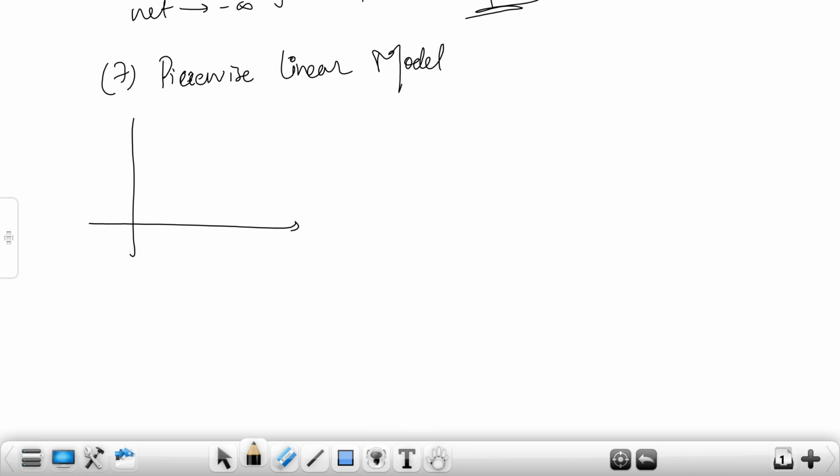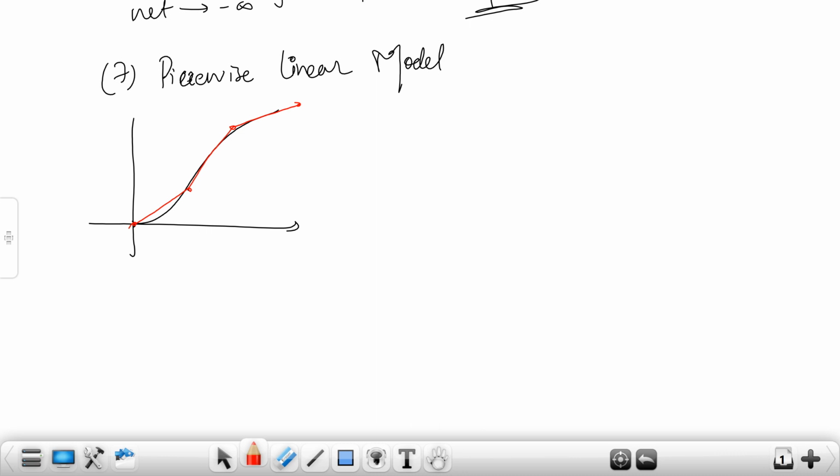Instead of having this curve, we are going to take some values in between and not exactly follow the curve. So it's going to be somewhat like this. This is an approximation of that curve, so this becomes your piecewise linear model.